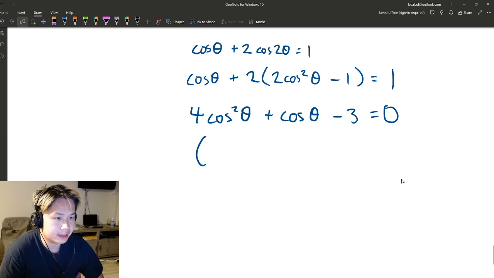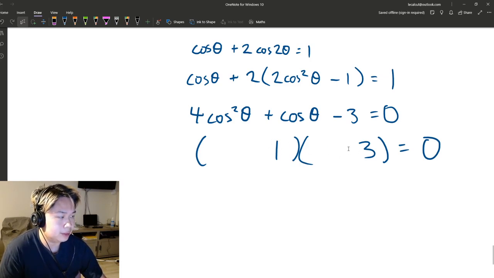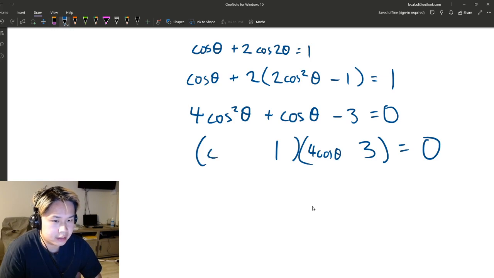So we can factor this. And then you know that the last term in each factor needs to be 1 and 3, because they need to multiply to make negative 3. And then how is this going to factor out? I think it's 4 cosine and regular cosine.